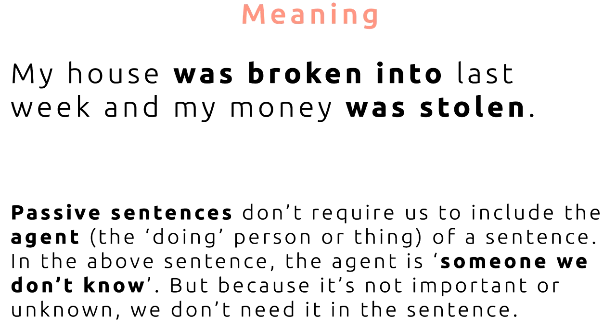Passive sentences are useful when we don't know who the agent is. Like in the example I just gave, we don't know who broke into our house. Someone broke into our house. But the word someone is quite useless. It's irrelevant.